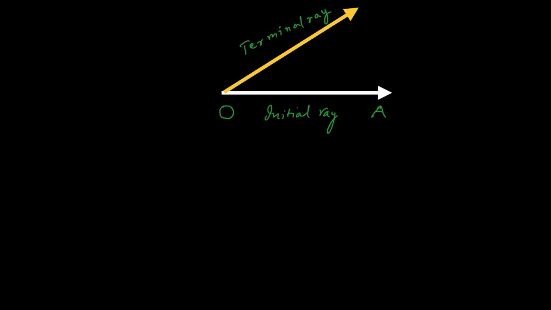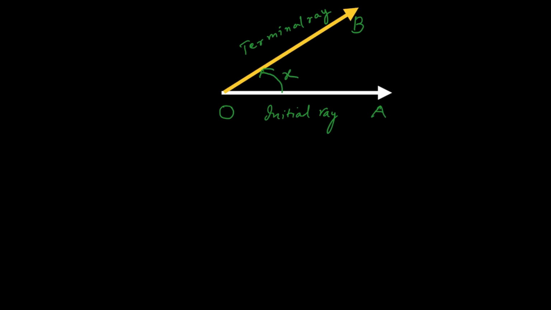Now, the angle between these two lines, say initial ray OA and terminal ray OB, I am taking. This angle is, suppose, x.